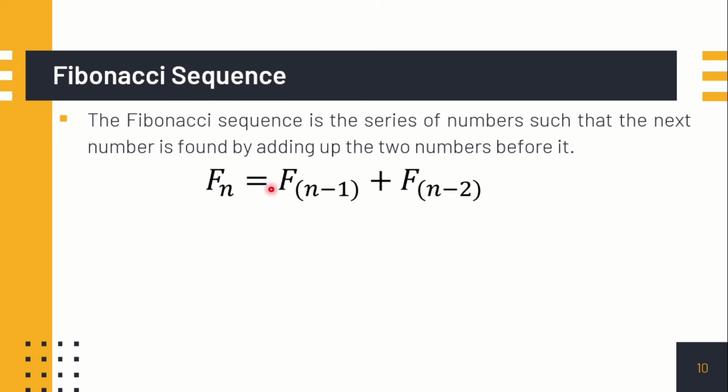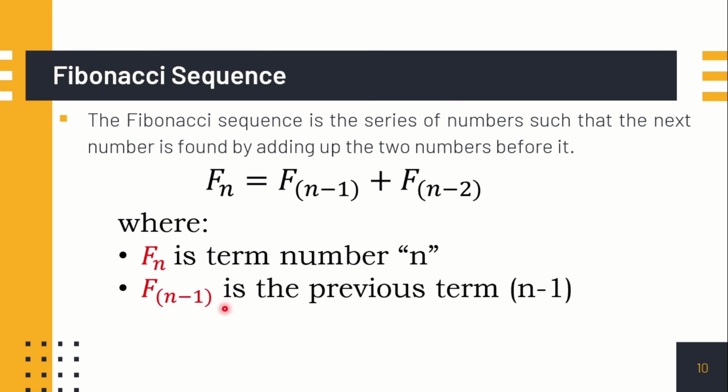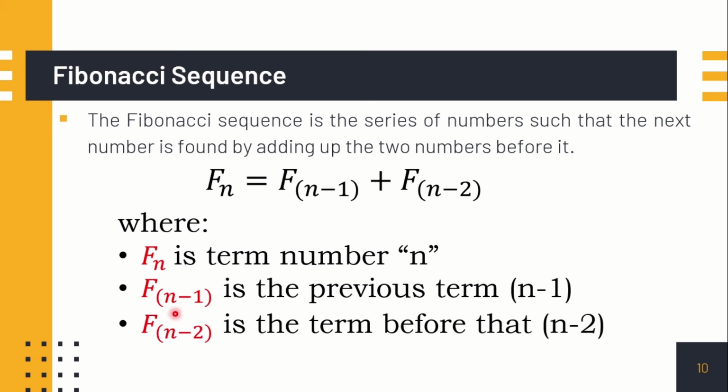F sub n is equal to f sub n minus 1 plus f sub n minus 2, where f sub n is the term number n, or this is the number position on the given term. Next, f sub n minus 1 is the previous term, or n minus 1. For f sub n minus 2 is the term before that, n minus 2.